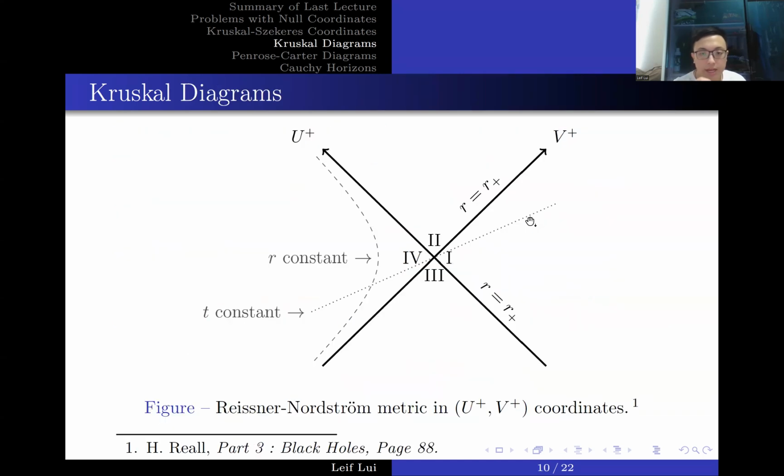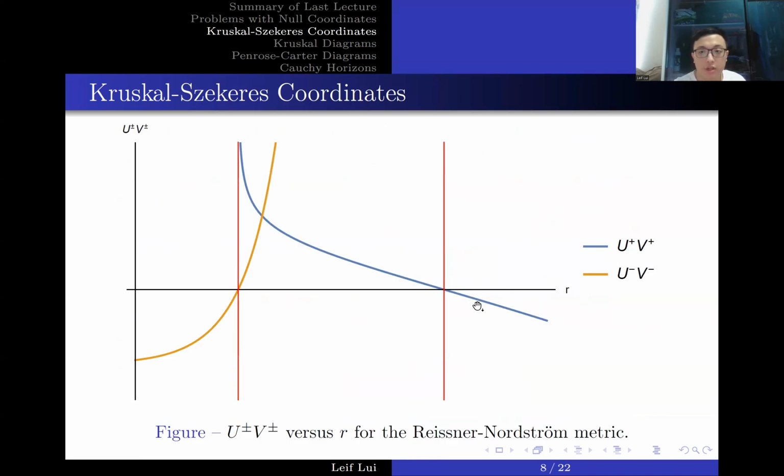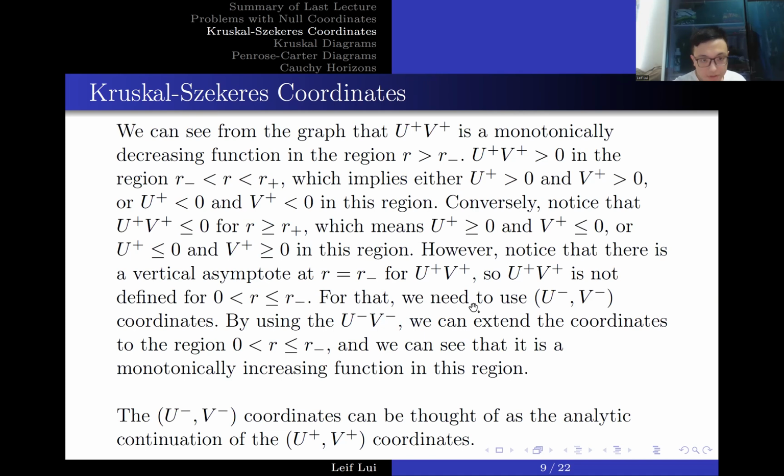Conversely, notice that in the region r greater than r plus, u plus times v plus is less than or equal to 0, which means that in this region they have opposite signs. So if u plus is positive, then v plus will be negative. And if v plus is positive, then u plus will be negative.